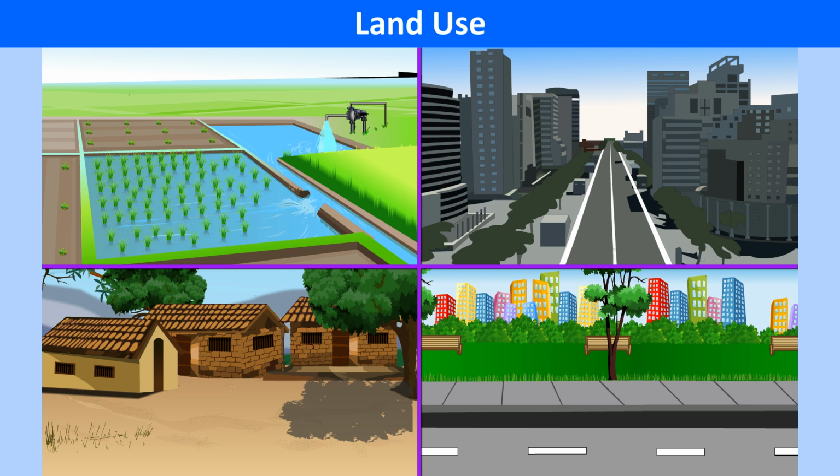The land can be used as agricultural fields to cultivate crops or as industrial areas to establish factories. Land cover is the physical element that covers the land. Vegetation, buildings or water are included in it. Land use depends on physical factors such as topography, climate, availability of water, soil and minerals.